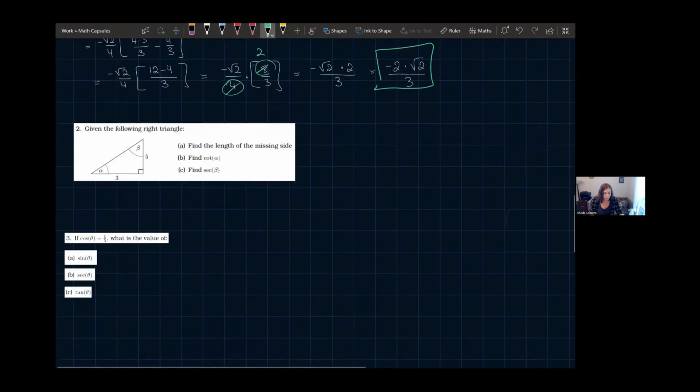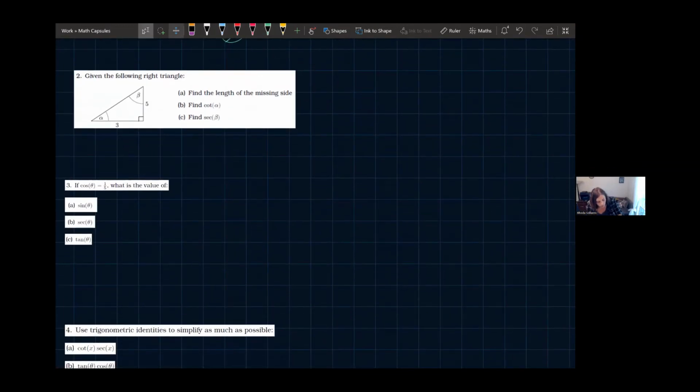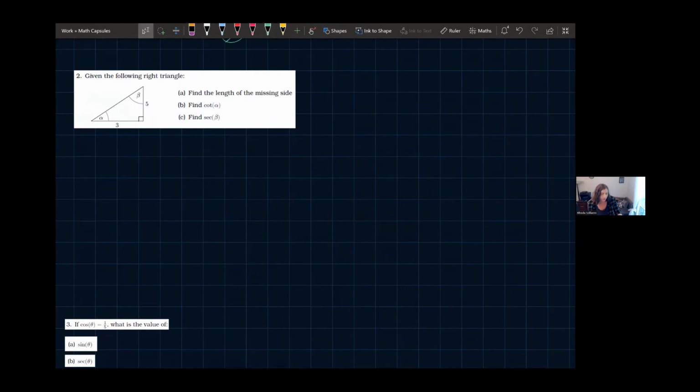On to number 2. In number 2, it's a little bit of a different thing. This is to do with SOH CAH TOA. So let me give you a little reminder of that. SOH CAH TOA is just a shorthand to help us remember how to relate sine, cosine, and tan to the values of a right angled triangle, the sides.